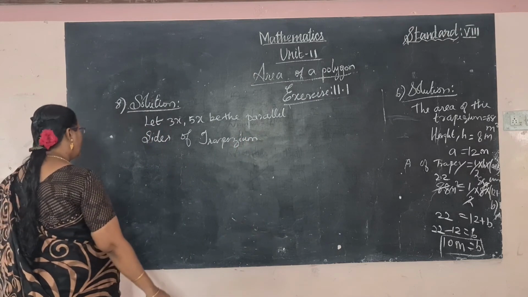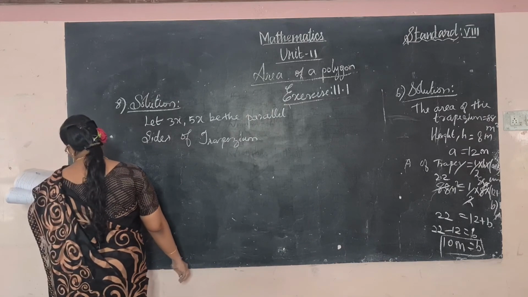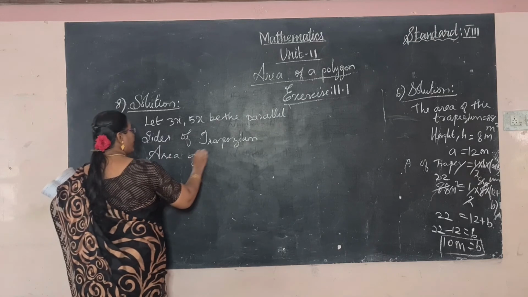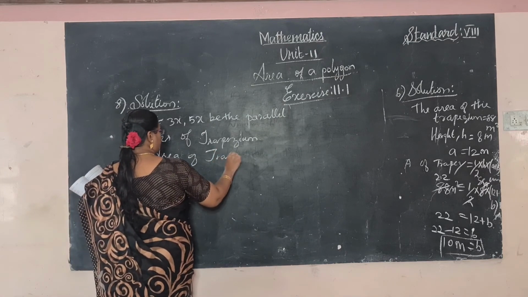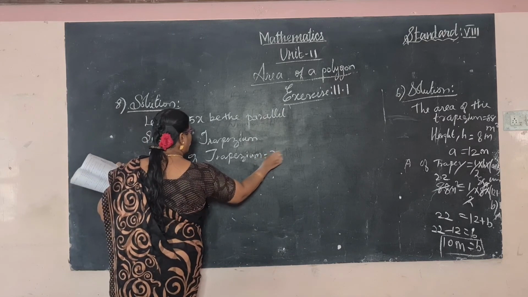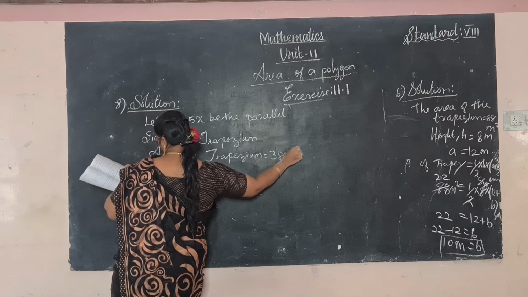Okay, right. And next the area is given. So area of trapezium is equal to 384 meter square.